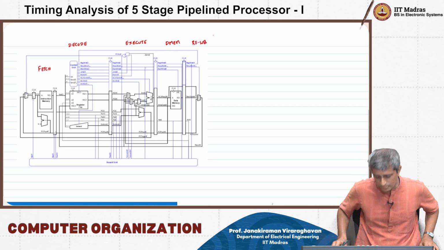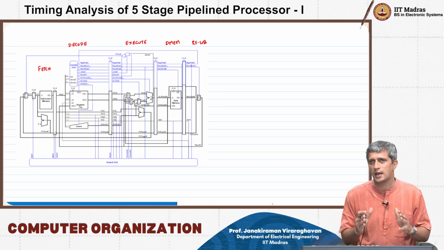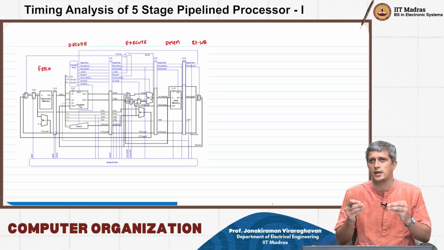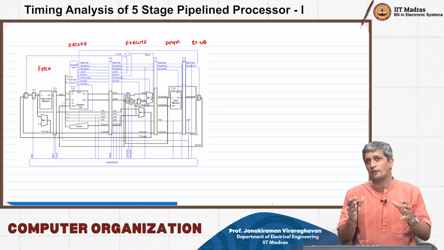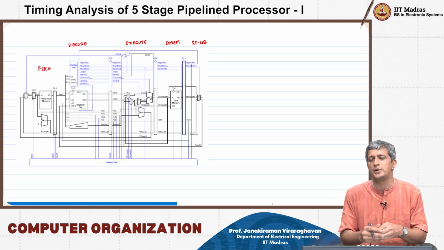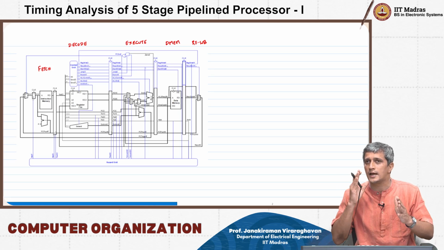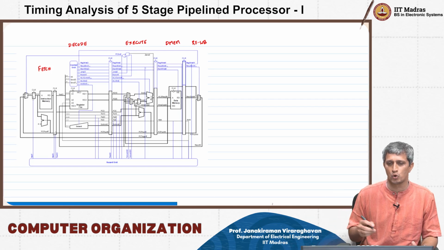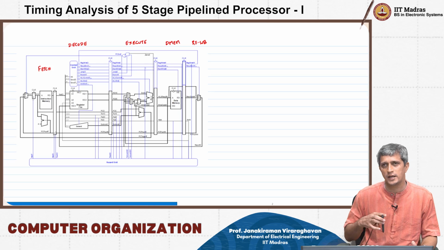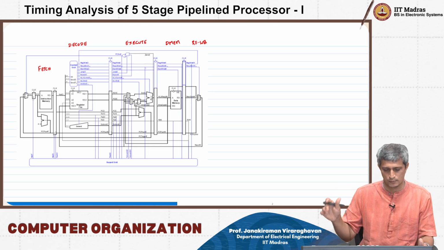Remember from our static timing analysis, when we discussed pipelining for combinational circuits, we said that the clock frequency of the pipeline system will be determined by the slowest combinational stage between any launch and capture flip-flop. So first of all, we are going to identify the critical path in each of these stages.